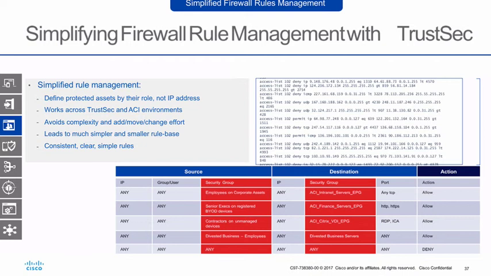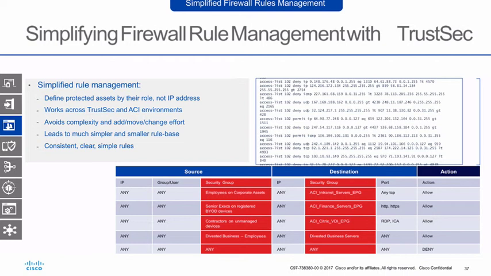Using TrustSec, we're actually using groups instead. I'm grouping a type of people together, and then based upon identity I can say my employees are allowed to talk to these servers, or my finance people are allowed to talk to the finance service. It's from a group-based point of view. I'm not having to worry about maintaining IP addresses any longer. I just have to worry about maintaining who can talk to what, basically.